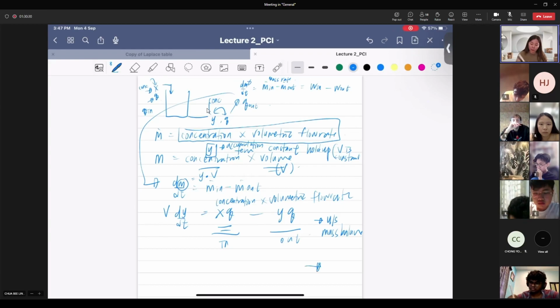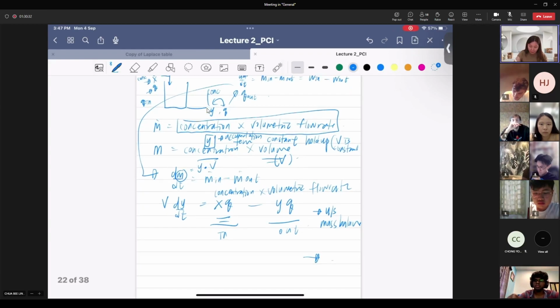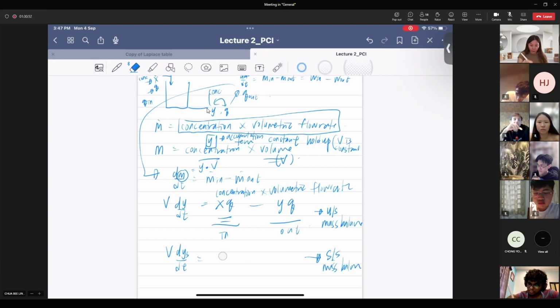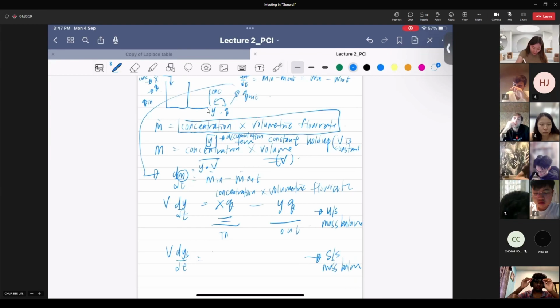So now using the unsteady state balance, change into steady state mass balance, we'll be using subscript of S. V dYs over dt equals XQs minus YQs. Sorry, the parameter is X and Y. So you'll be using XsQ minus YsQ.